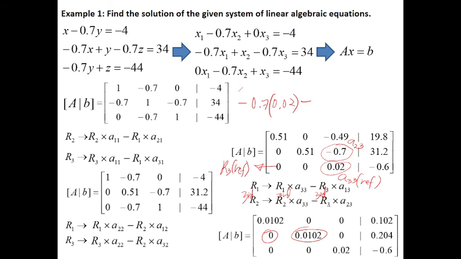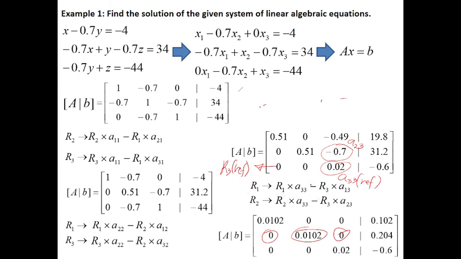Minus R3 third element, 0.02, multiplied by A23, negative 0.7. So what is the answer? 0, right? We got 0. So what's next? The fourth element, the last.